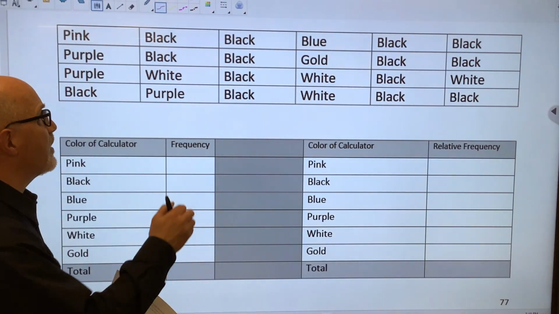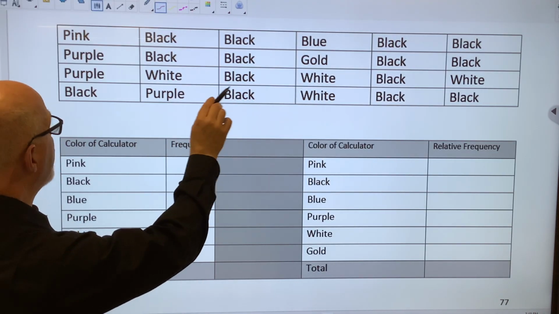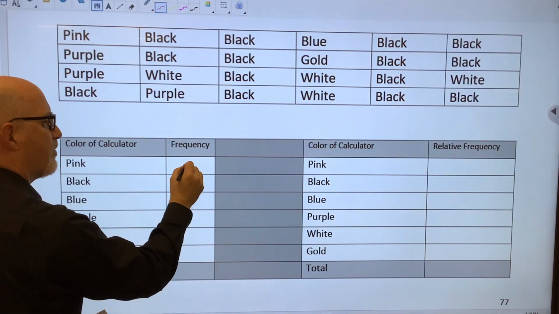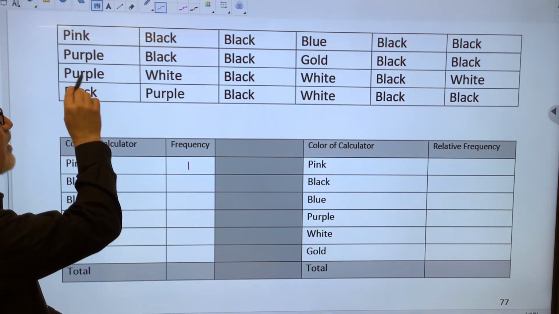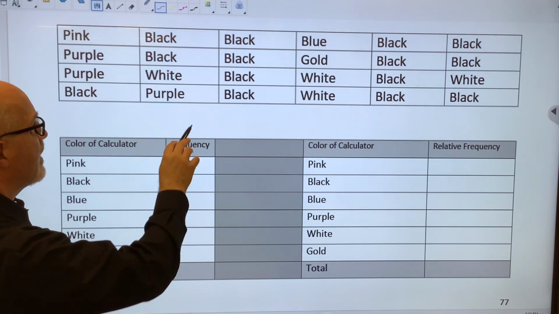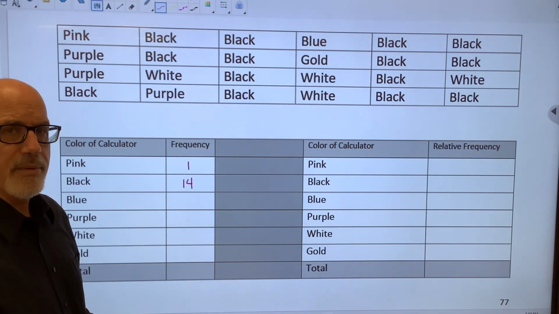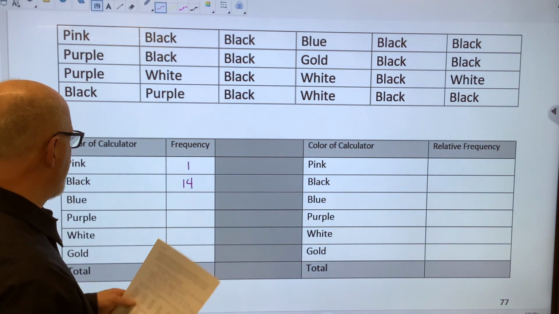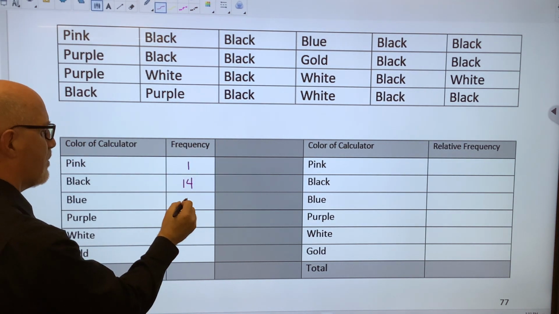So if you count the number of each color here, let's do pink first, okay? Pink, we have only one of them. So frequency would be just a 1. Now for black, you count the number of black ones on this chart, and if you count them all up, I count 14 of them. Now when I go to blue, looking at this list, I only see one blue calculator.